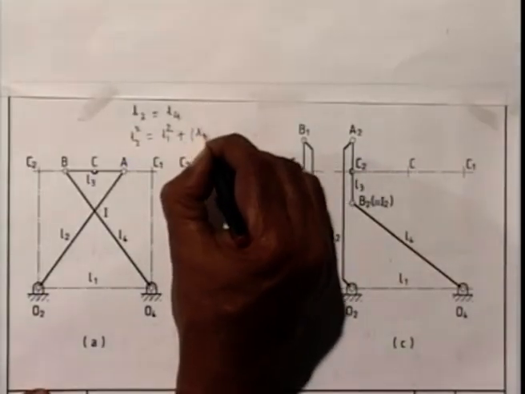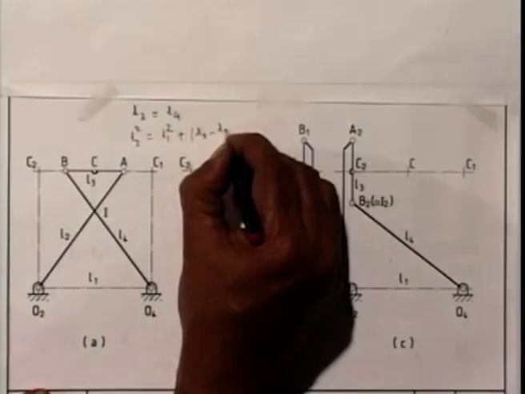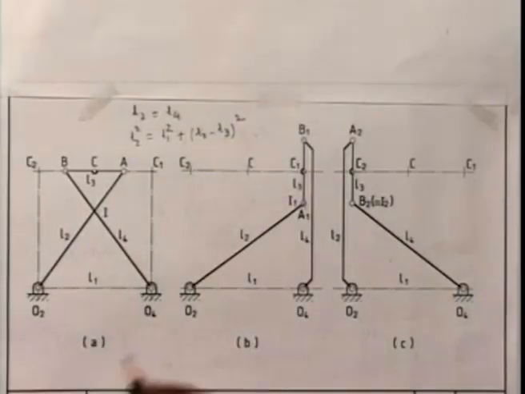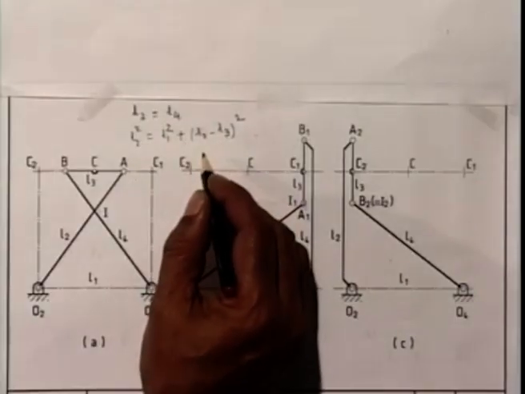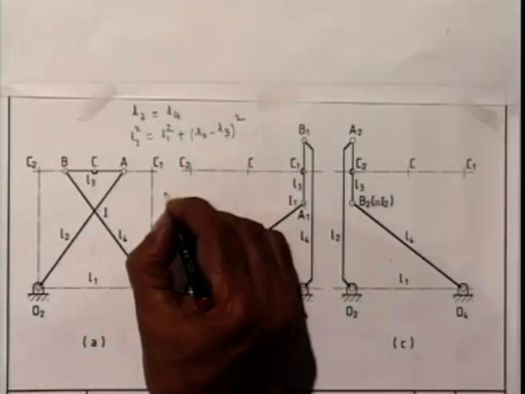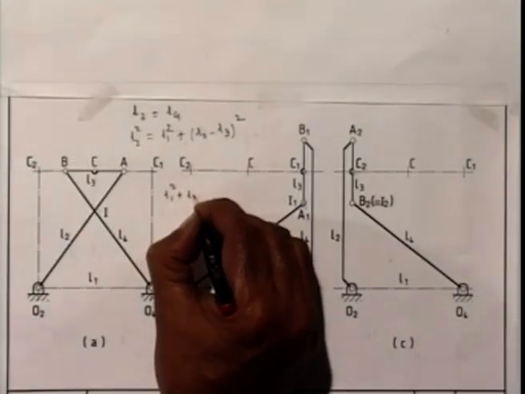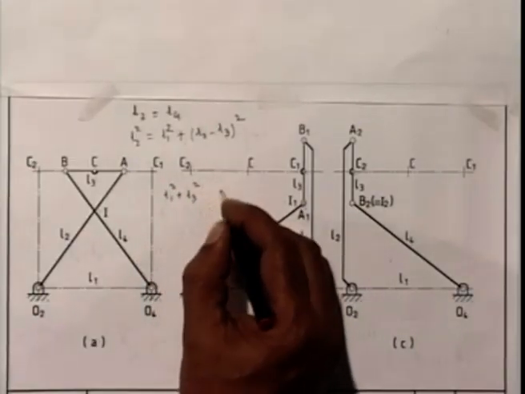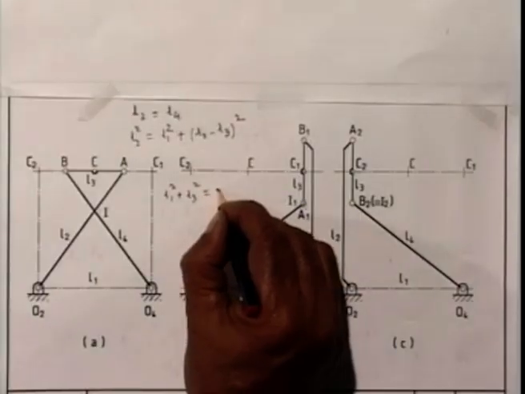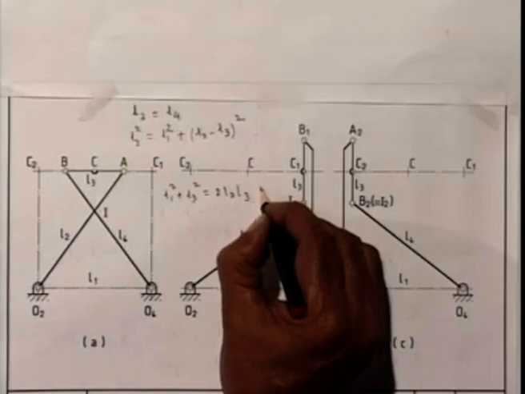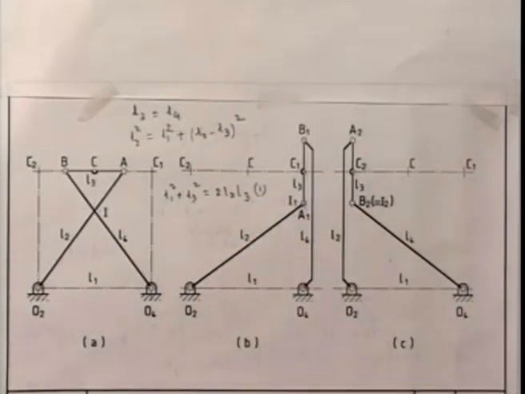So, L2 minus L3 whole squared. If I expand, what I get from here is L1 squared plus L3 squared is equal to 2 L2 L3. Say this is equation 1.